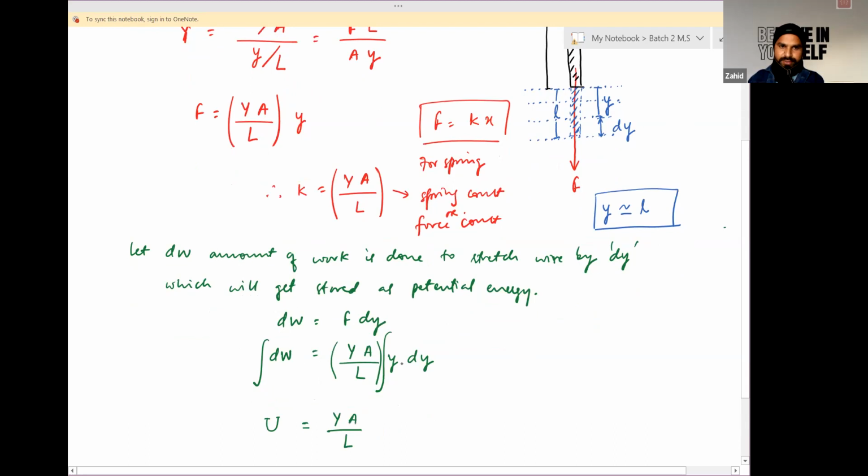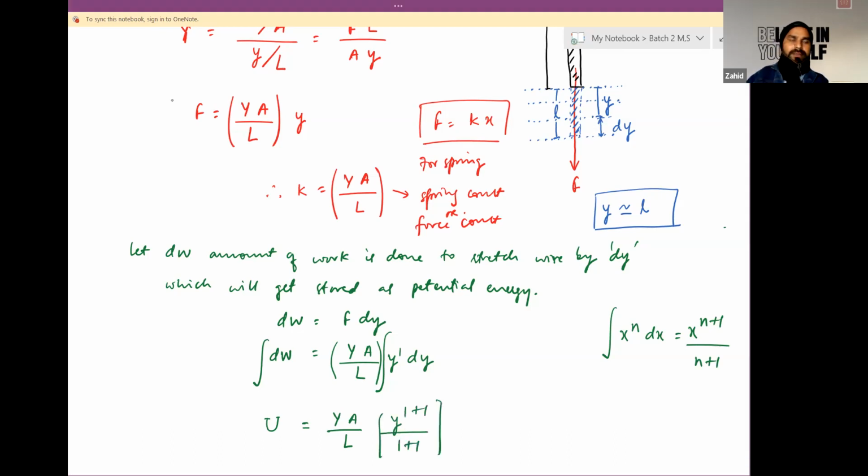Here we have y raised to the power 1. According to the rule of integration, the integral of x to the power n times dx equals x to the power n plus 1 divided by n plus 1. So we have y raised to the power 1, using this formula it will be y to the power 1 plus 1 divided by 1 plus 1.